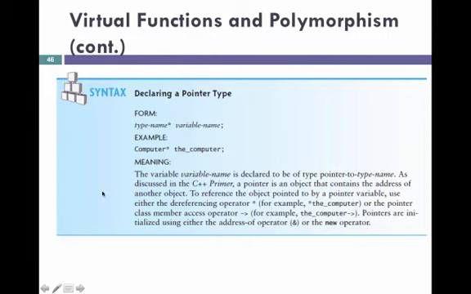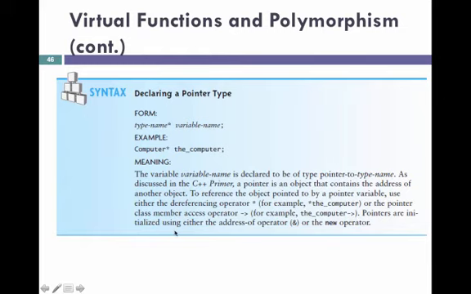And a pointer is an object, it contains the address of another object. To access the object pointed to by the pointer variable, to reference it, we either use the dereferencing operator, we can say star the computer, or the pointer class member access operator, for example, the computer with this arrow.